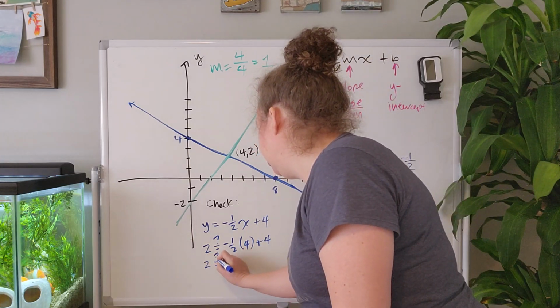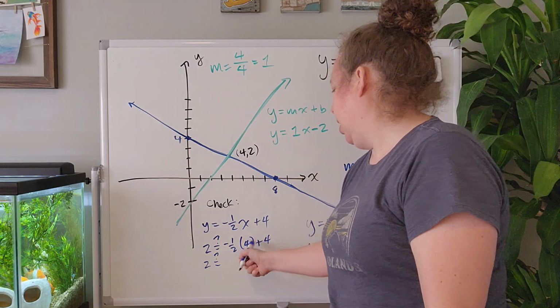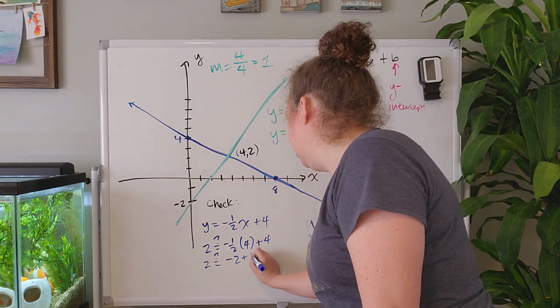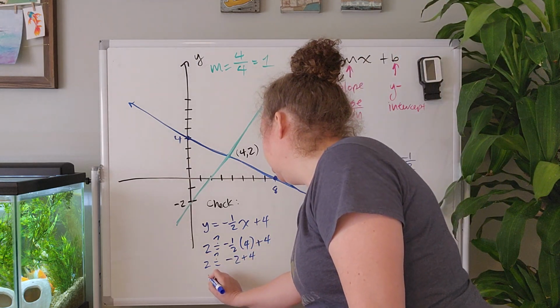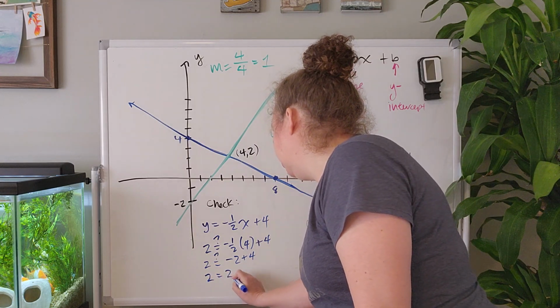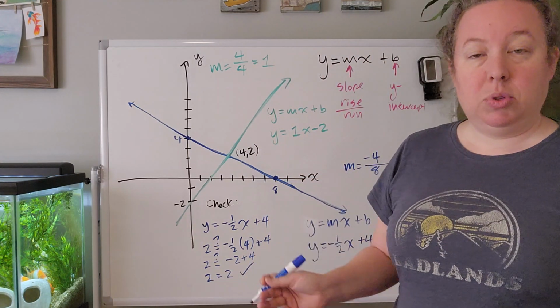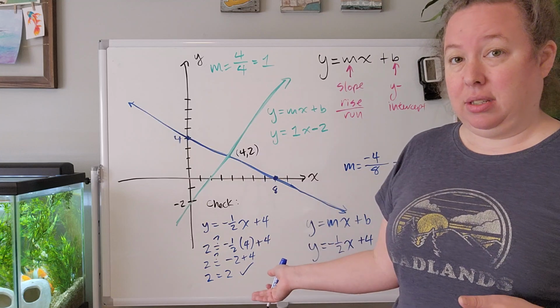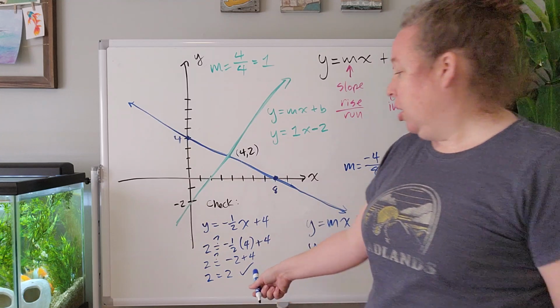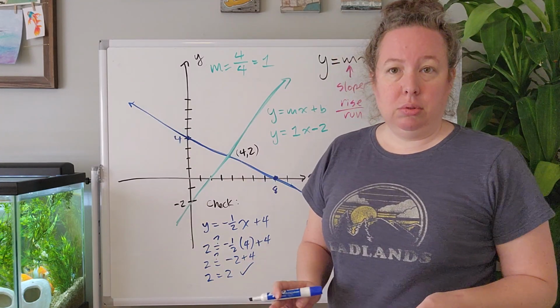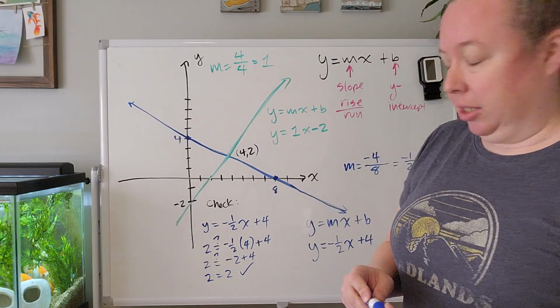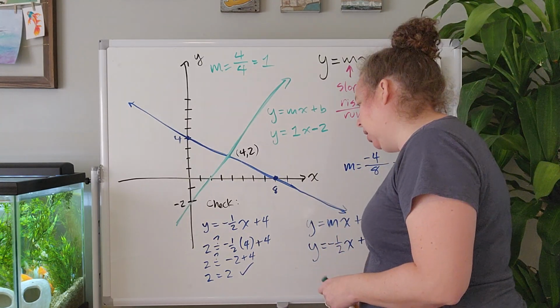All right, is 2 equal to, so -1/2 of 4 is -2 plus 4. Is 2 equal to 2? Yes, it is. So we've plugged in a point and we've checked to see that we've gotten a true statement. We've gotten that 2 is equal to 2. Awesome. All right, let's go ahead and check it with our green line.